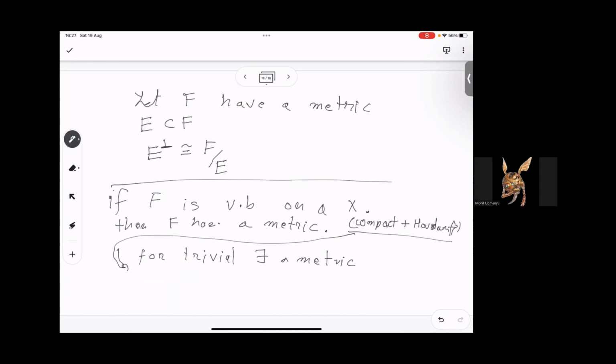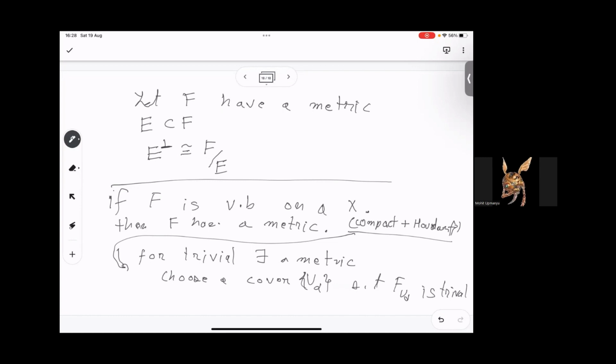Right. So first step is choose a covering U alpha such that F restricted to U alpha is trivial.